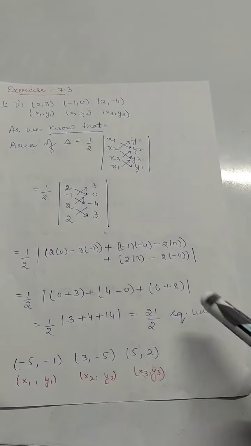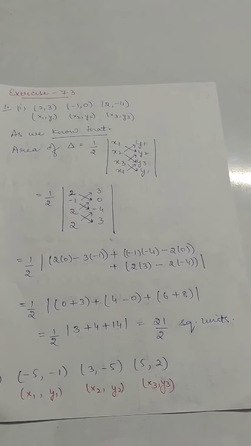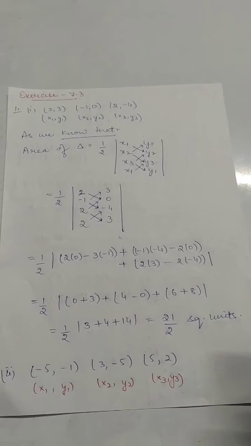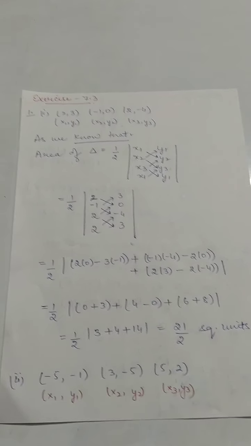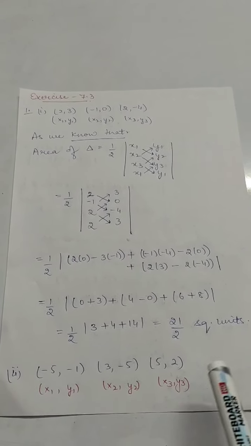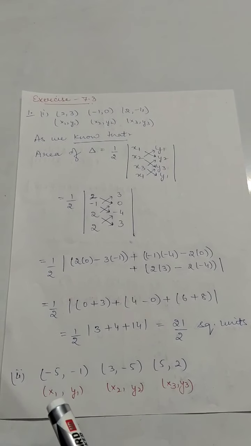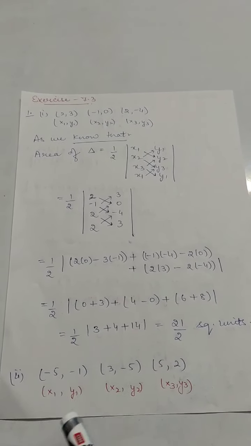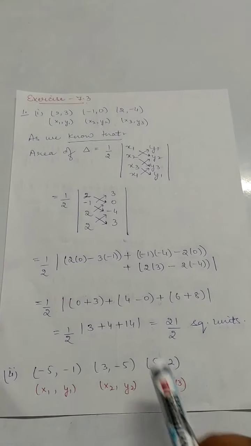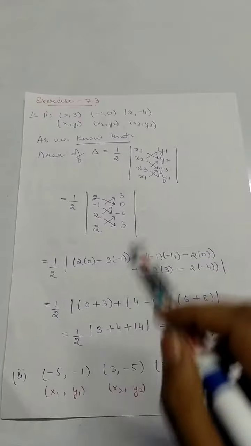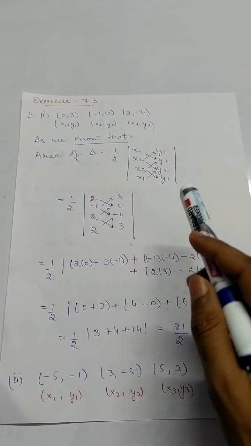On solving we get the answer 21/2 square units. The second sum is, again we have three coordinates. Try to make and name the coordinates, that is x1 y1, x2 y2, x3 y3 prior to the question, so that you can easily put the values as I have done.